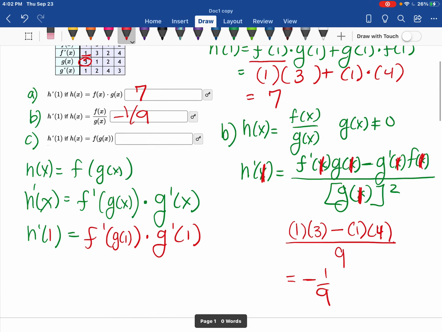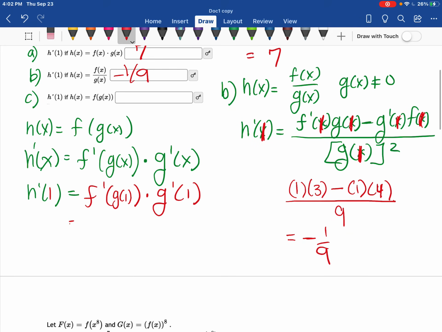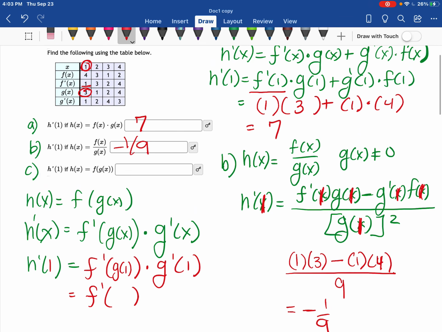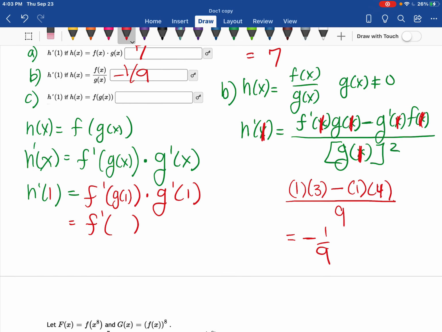Now I just have to finish evaluating using the table. G of 1, when I look at the table, is 3. Right? So if I come up here, remember, that's this 3 right here. So I'm going to put g of 1 is 3 inside here. G prime of 1, we said was 1.